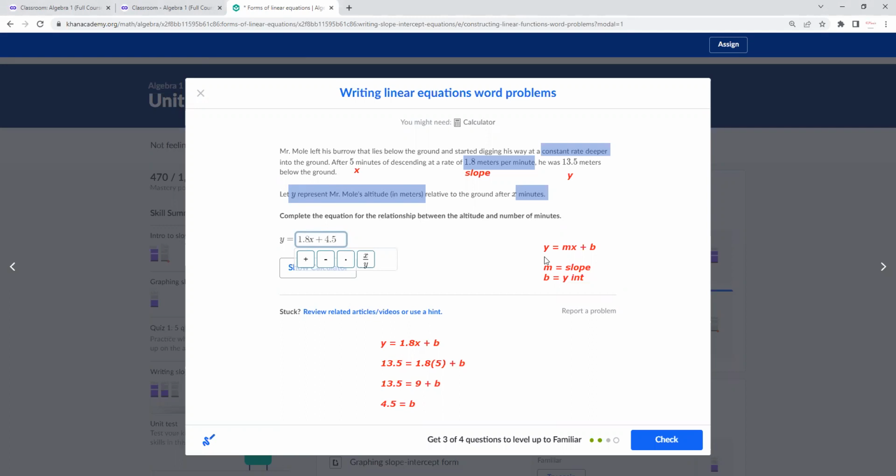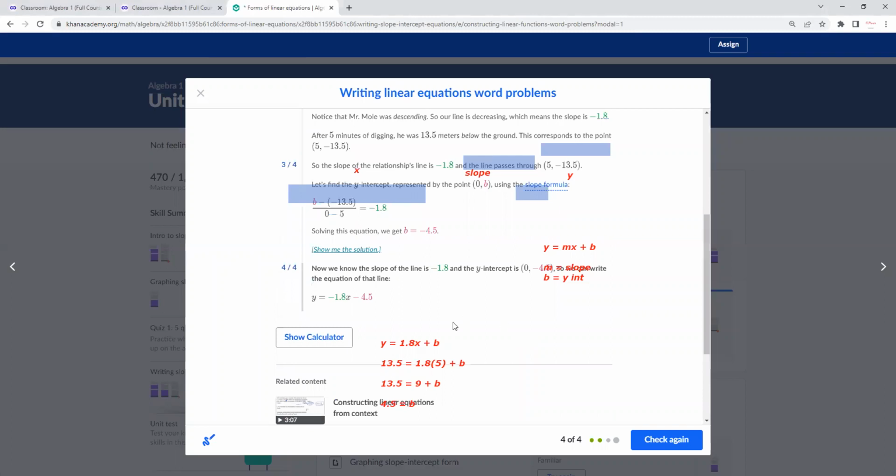Let me see. Mr. Mole left his burrow that lies below the ground. And he started digging his way at a constant rate deeper into the ground. So I'm going to have to say this is a negative. That might be a negative 13.5. Let's see this one.